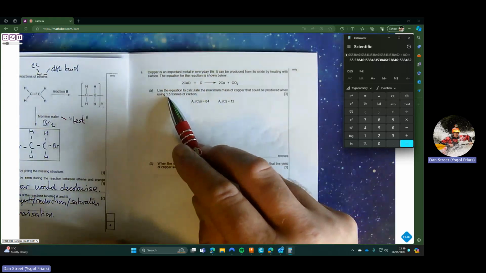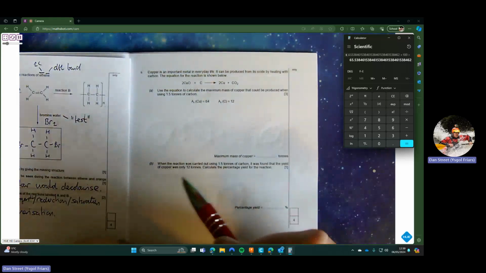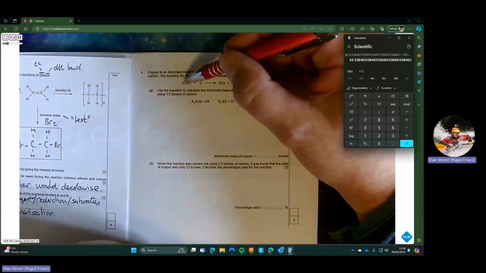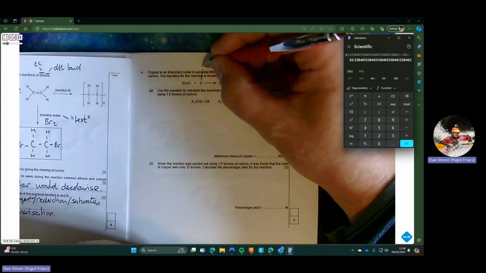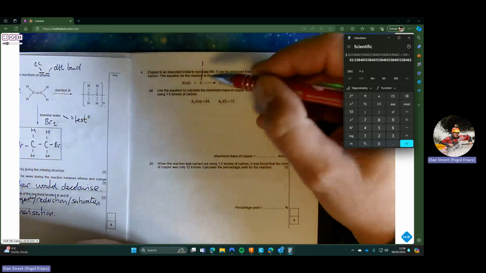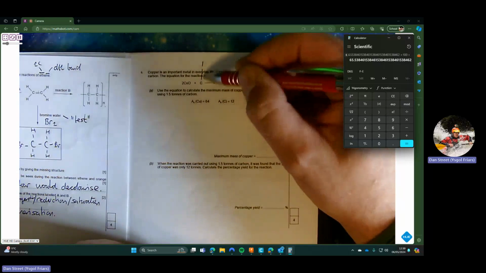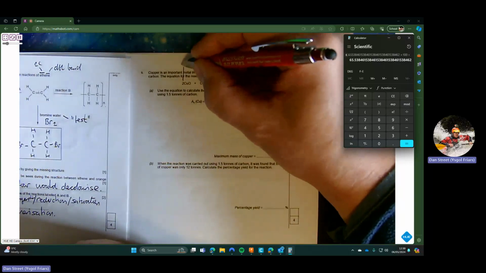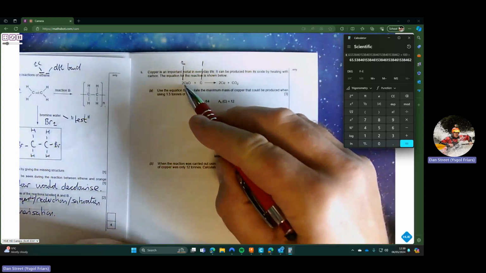So use the equation to calculate the maximum mass of copper that could be produced when using 1.5 tons of carbon. The reaction tells us that for every 1 atom or mole of carbon, we need 2 moles of copper oxide.